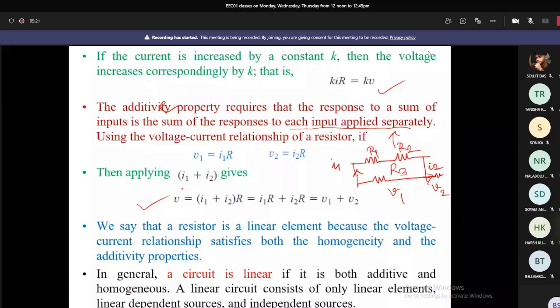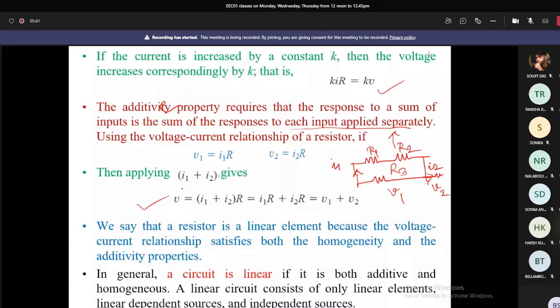So for a linear bilateral circuit or bilateral network, it is the algebraic sum. Algebraic sum means you have to take care of the polarity of the current through the circuit or the voltage. So you have to take care of the direction of the current, or the voltage polarity.